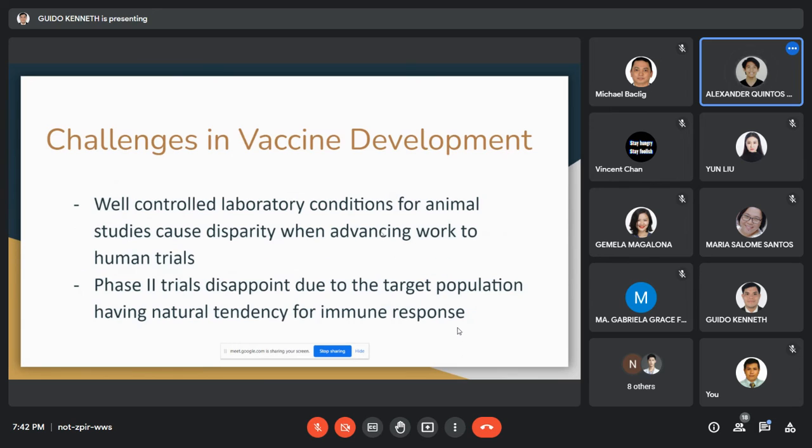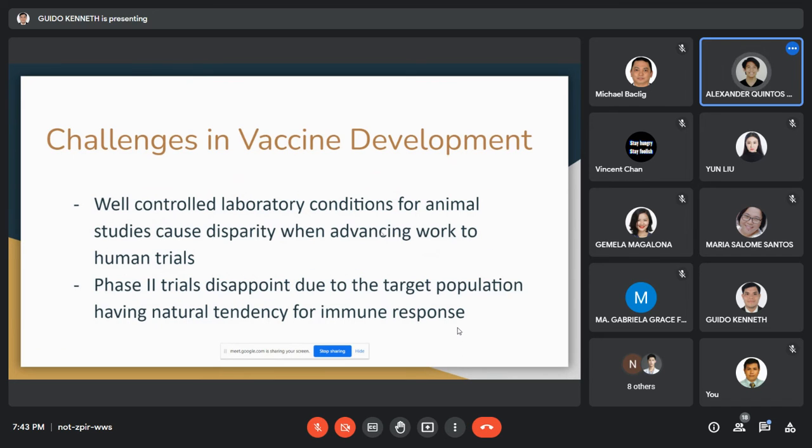So next slide, please. There has to be a well-controlled laboratory condition for animal studies. However, this still causes disparity when advancing work to human trials. Phase 2 trials often disappoint due to the target population having natural tendencies for immune responses.